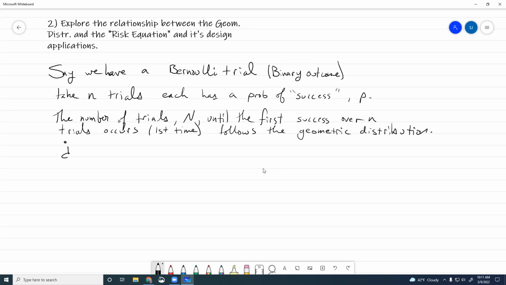What is the probability that the first success is on the nth trial?